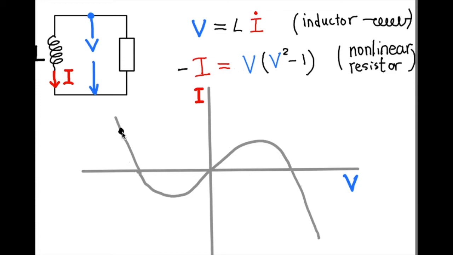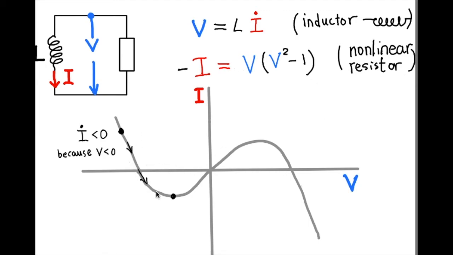Then there's the question: are we going up or going down? If you look at this equation, the sign of I dot is the same as V. Here the voltage V is negative, so we know dI/dt is also negative. So I is decreasing, and we are going down.